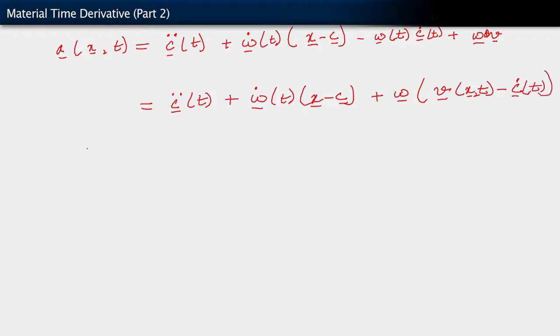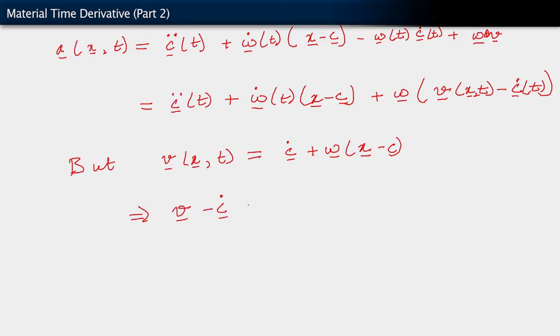But then we recall that v function of little x and time was originally written as c dot plus omega acting on x minus c, okay, which implies that here for v minus c dot we have omega acting on x minus c, okay.